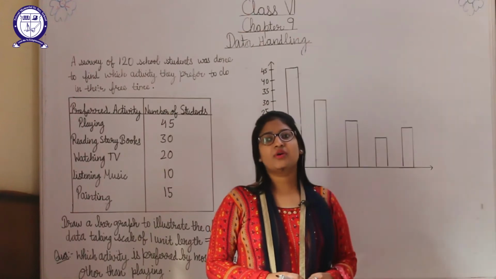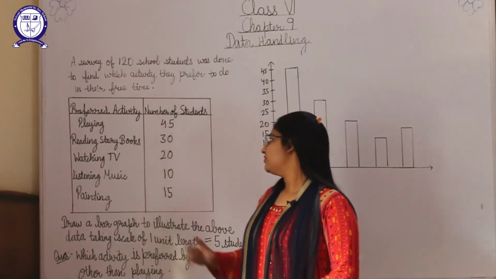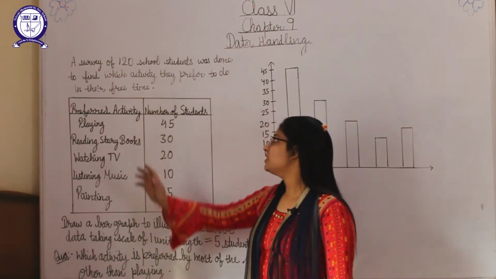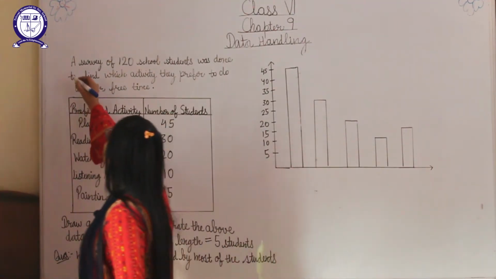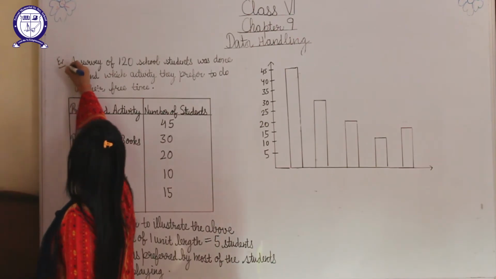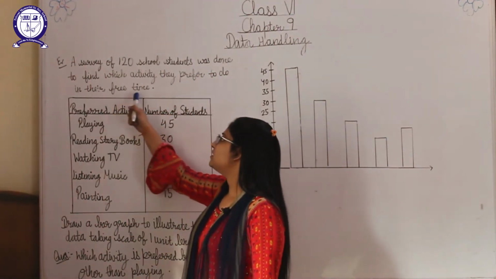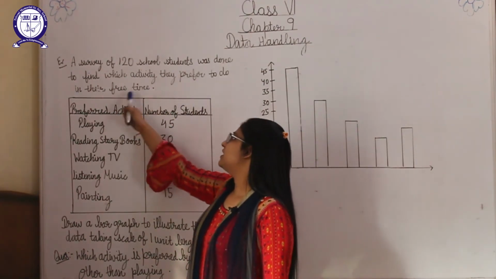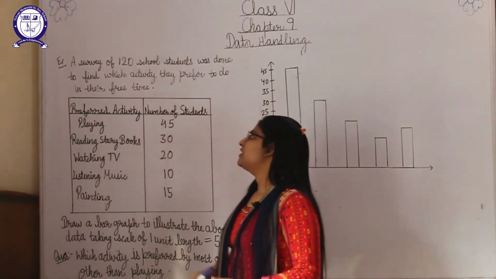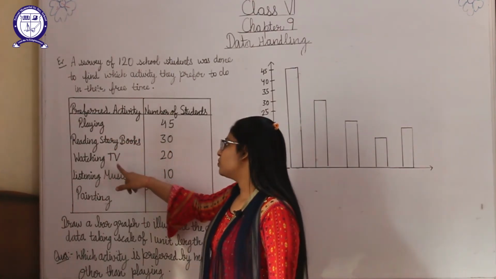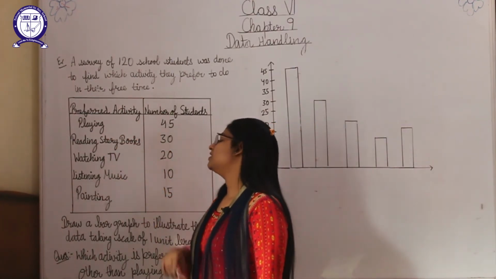So students, now the next topic is, the information is given to us and we have to make a bar graph. So here the question is, a survey of 120 school students was done to find which activity they prefer to do in their free time. So what are the preferred activities? These are playing, reading storybooks, watching TV, listening to music and painting.